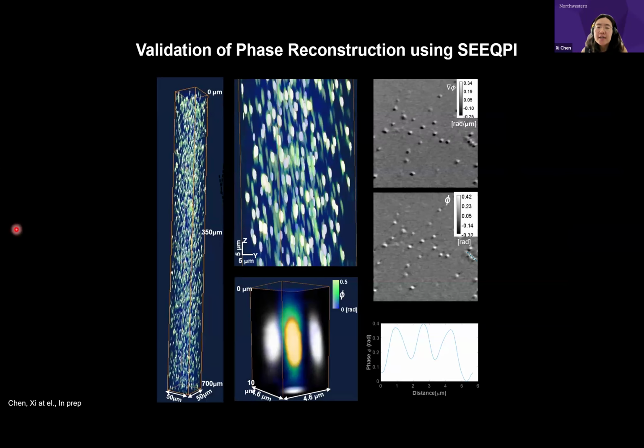And we also need to test the algorithm that we developed for the 3D samples, which is three-dimensional. So we use microbeads. Those are a mixture of 1 micron non-fluorescence and fluorescence beads in agarose, and then we image through a whole thick slab of 700 microns using CQPI, and we can look at the phase shift introduced by this 1 micron bead in the agarose, and they also agree with the theoretical value.